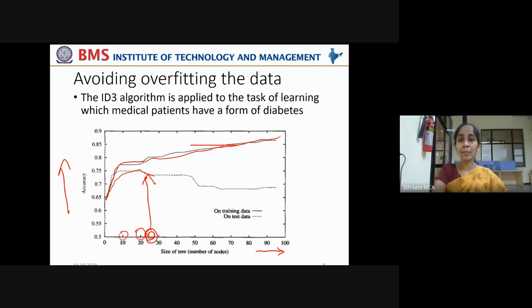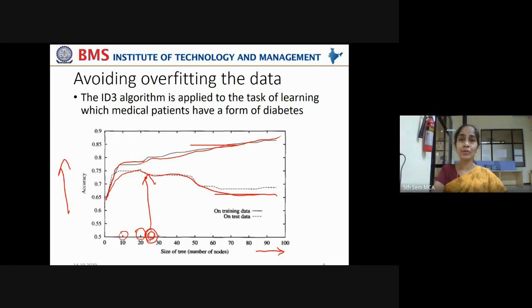It started coming down because your model is learning too much by including a large number of nodes into the decision tree. It is answering for every possible combination. In such a case, when it is given an unseen combination that is not seen by the model it is trained on, it will give wrong predictions. That is why the test accuracy started coming down.